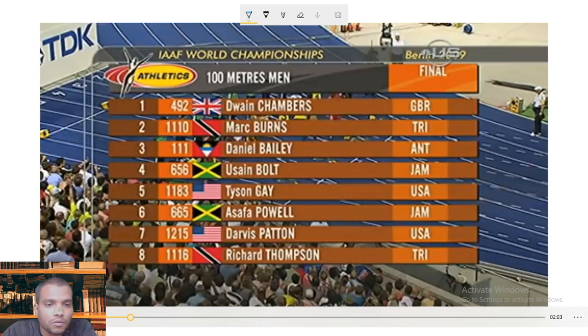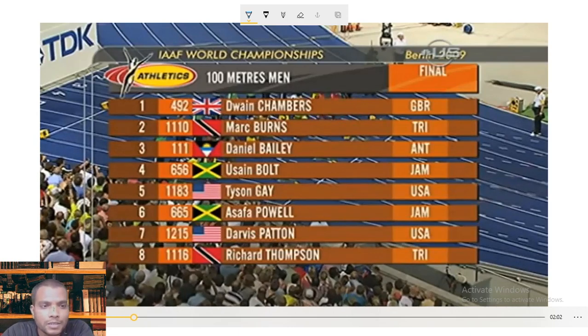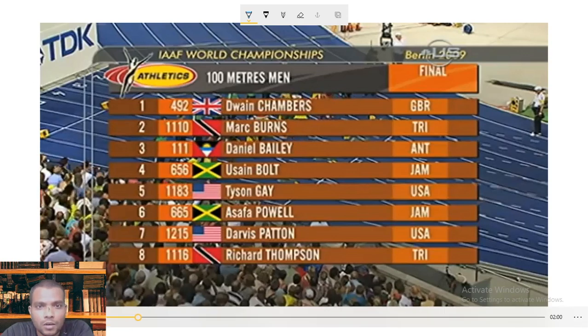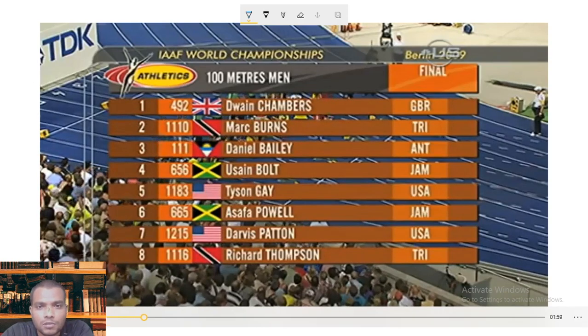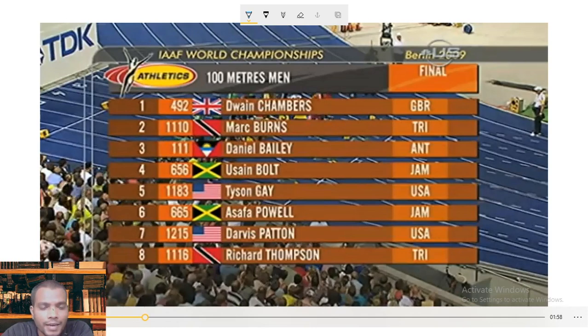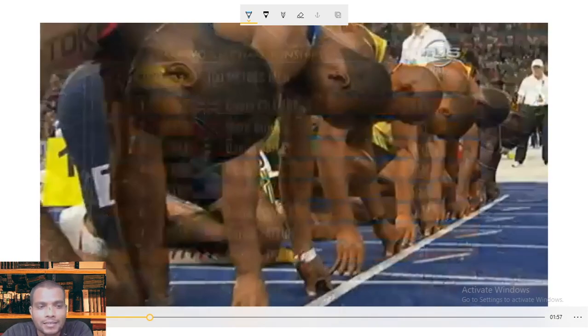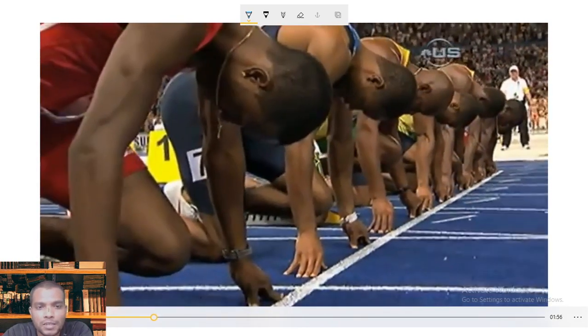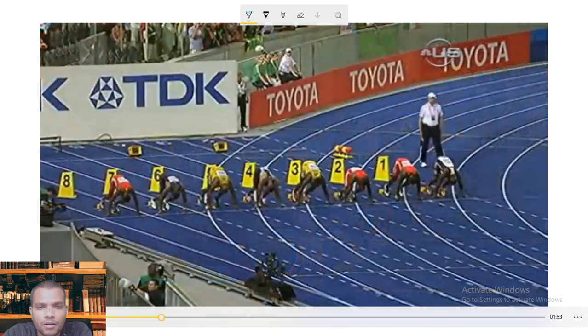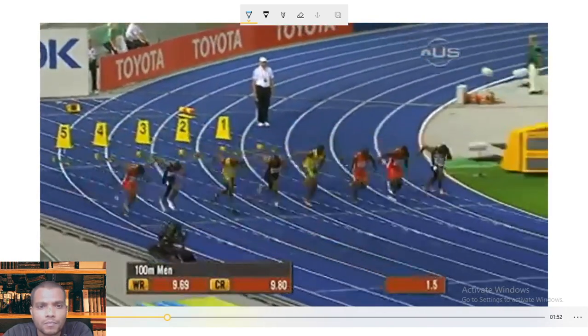What we saw is the Olympic world record, 100 meters men. Usain Bolt gave 9.58 seconds, so that is the top speed in the world record 100 meters run.